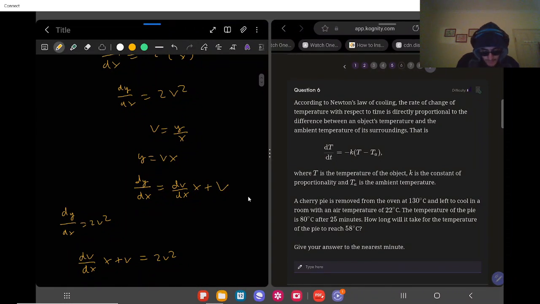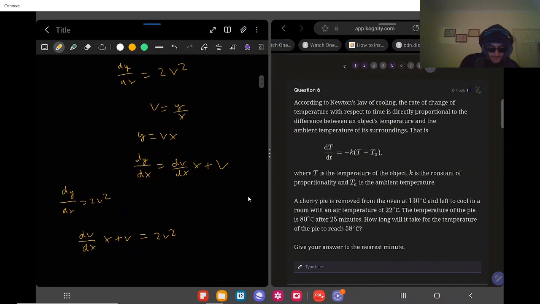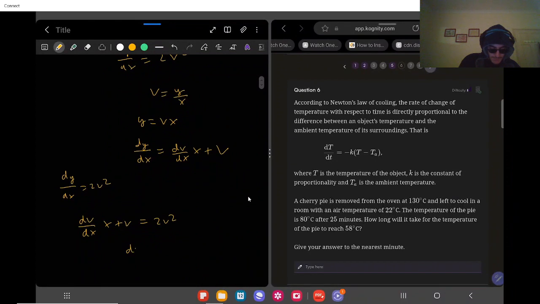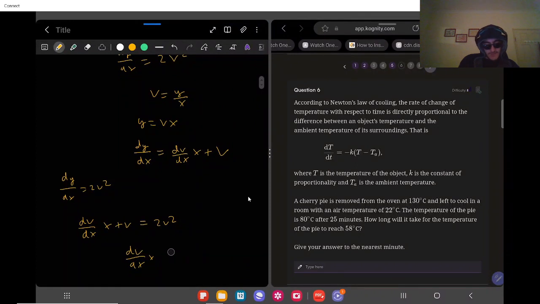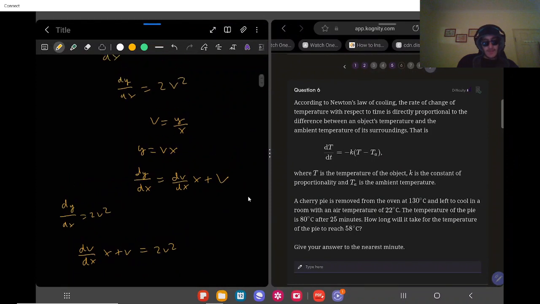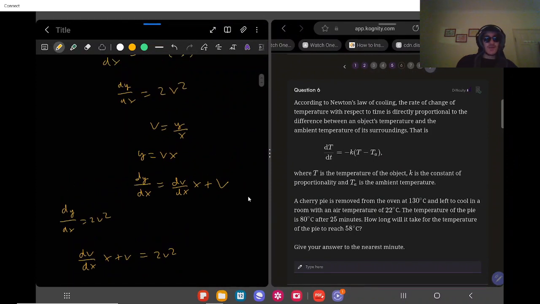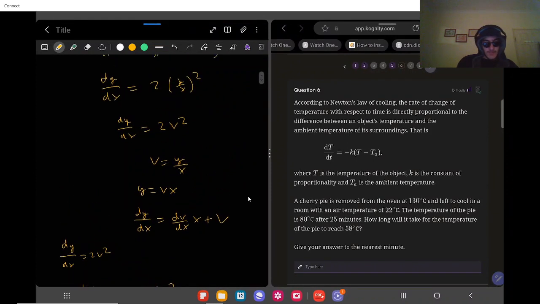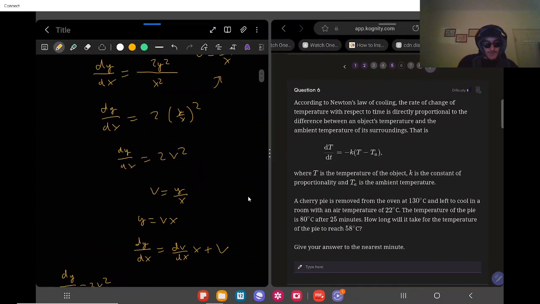Wait, let me just make sure that's correct. Yeah, that's fine. dv by dx x. Okay. For some reason, x is not in terms. Basically, everything's supposed to cancel out. Nothing's cancelled out. So unfortunately, I guess this example doesn't work. I guess probably because you could separate it on both sides.